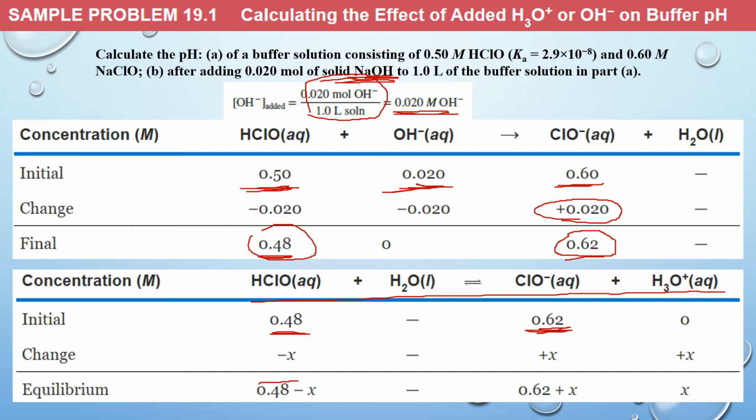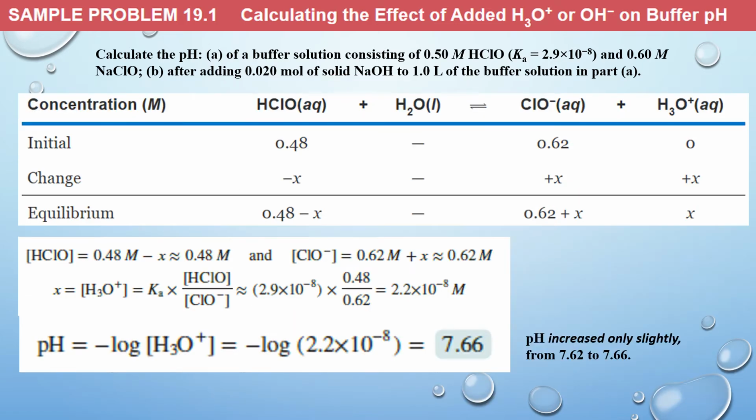This will be the equilibrium concentrations for the concentration terms in the expression of Ka. So we can use the same approach we used in part A: ignore the X, because they're relatively small compared to 0.48 and 0.62. Apply the same equation here, so we can use this number directly based on our assumption.